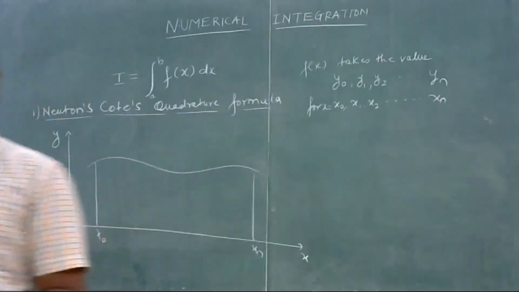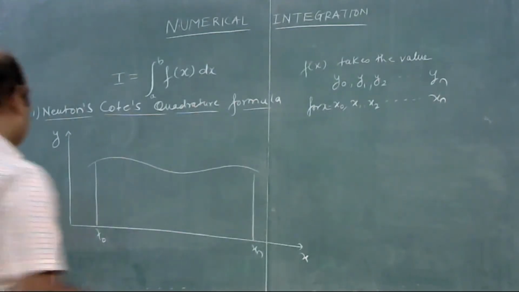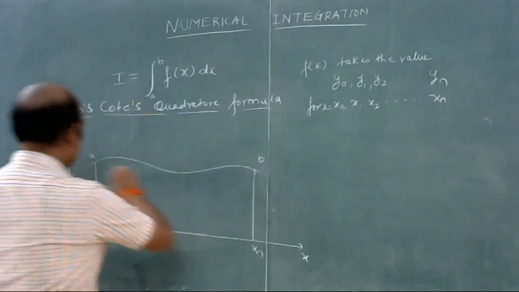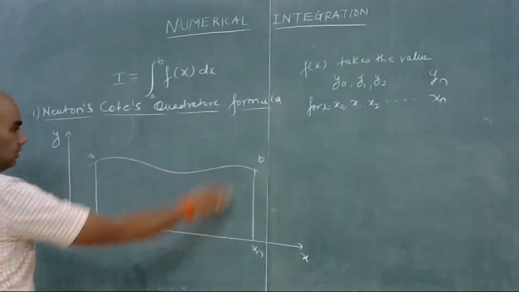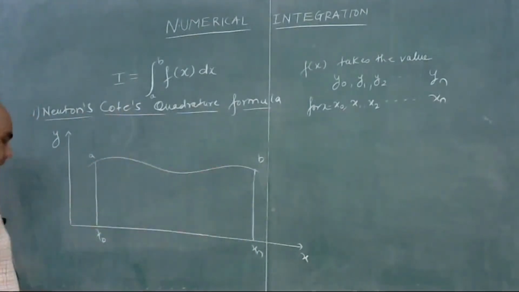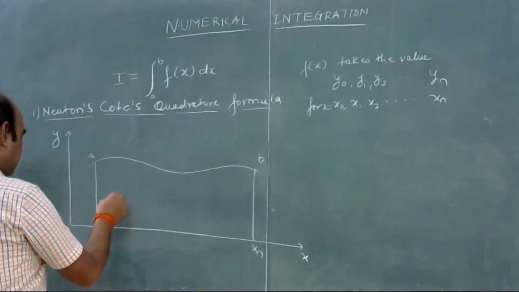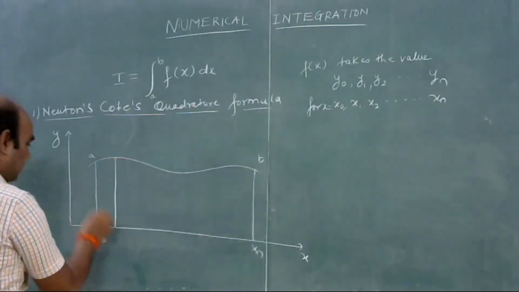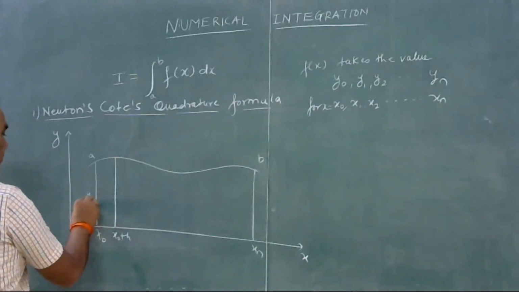Okay, so let us divide the interval AB. So this is A to B. Okay, so we have to find the integration of this curve. So we are dividing this curve AB into n sub-intervals with width h. So this is h. So this will be x0 plus h. So this will be y0.